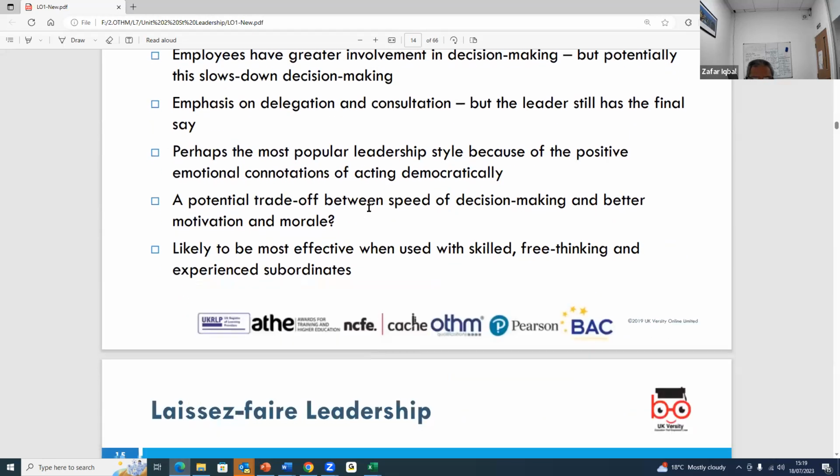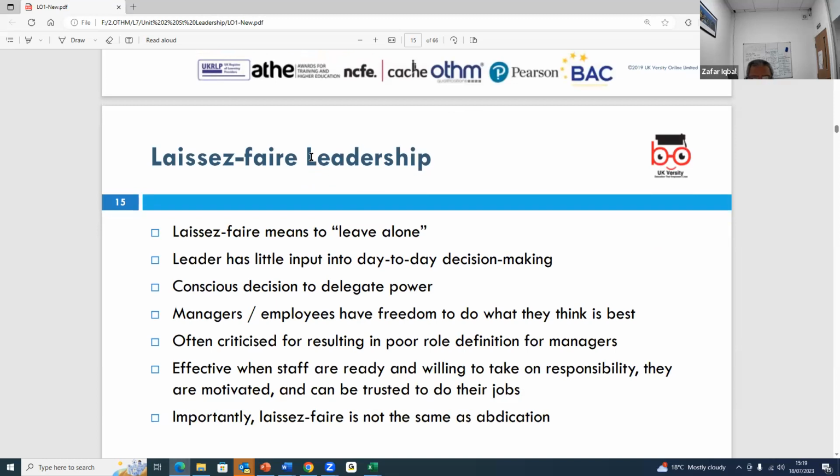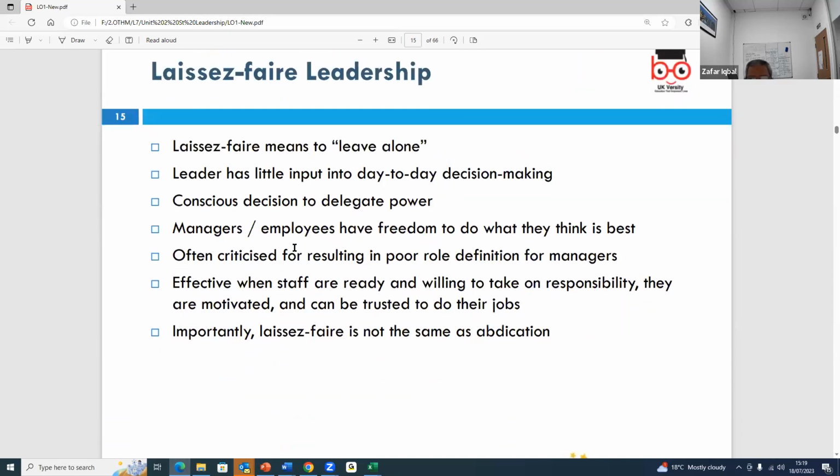Democratic, okay. And the last, laissez-faire leadership, is the last of them. Laissez-faire means leave people alone, let them do what they want, which means the manager or the leader couldn't care less, and has very little or no input into the decision-making process.